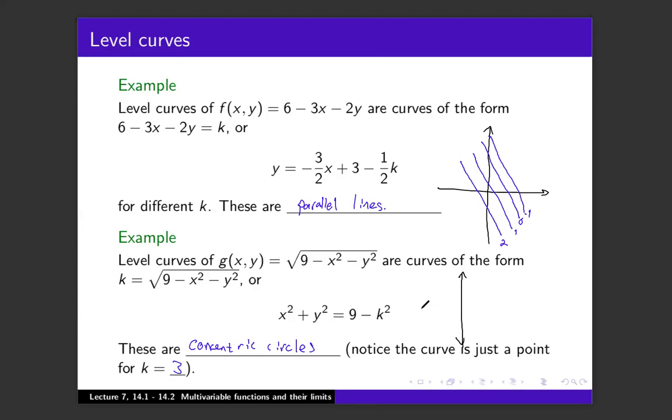Right. Which would look something like this. Perhaps here's the radius 3, and then perhaps here's a radius of 2, and then over here is a radius of 1.